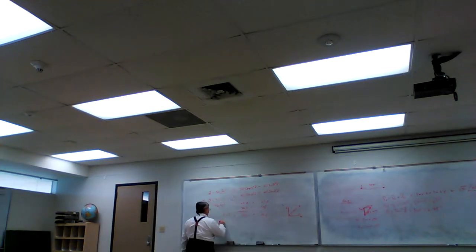So, the magnitude of A plus B is equal to the square root of 79 squared plus 42 squared.